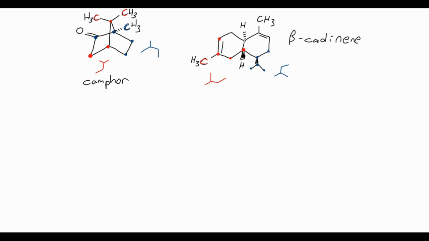And then finally, let's do black. 1, 2, 3, 4, 5. And that gives us another isoprene unit there. So this time we have 15 carbons, 3 isoprene units, and just for trivia, that is called a sesquiterpene.